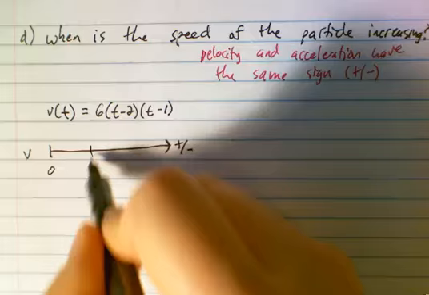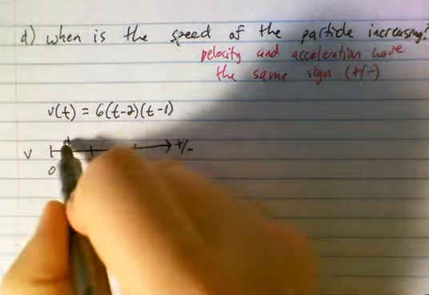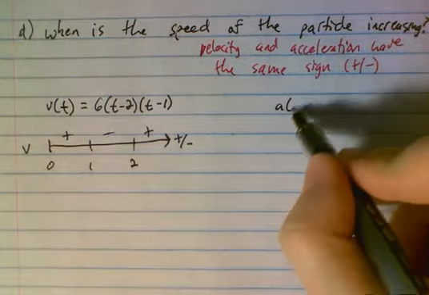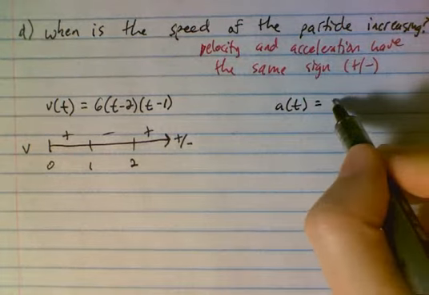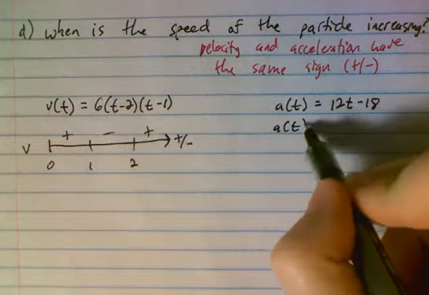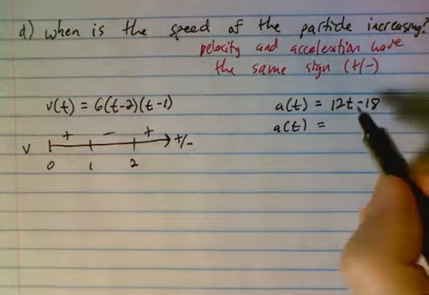And we did this one already. Positive, negative, positive. A of t, we said that was 12t minus 18. We haven't done a sign chart for that one yet, but we can do so quickly.